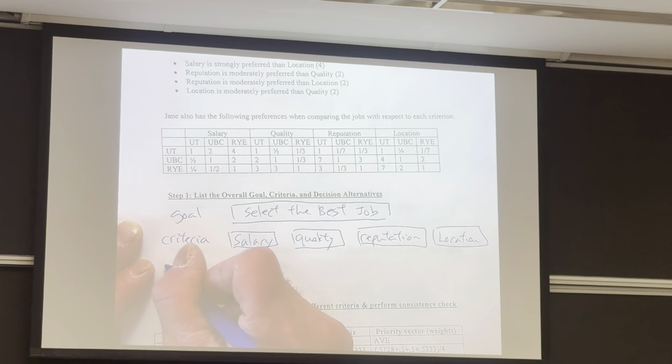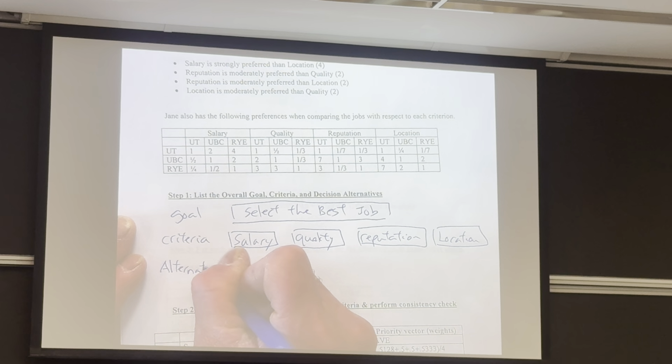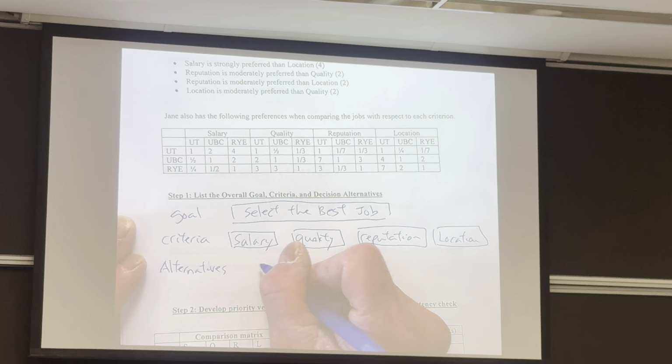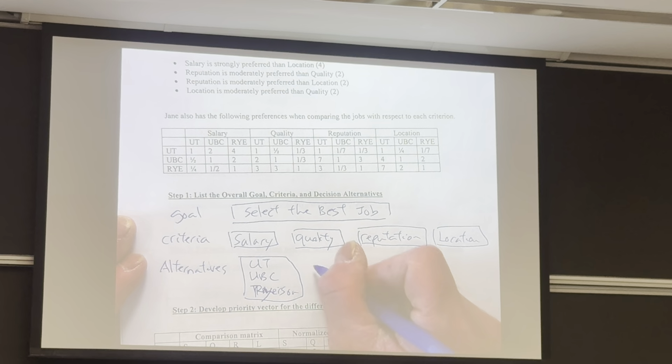In terms of the decisions or alternatives, we have 3: U of T, UBC, and Ryerson, which I'll keep for one last time so that I don't confuse you, and I'll change it for next time. Same thing for quality, we have to compare the schools.